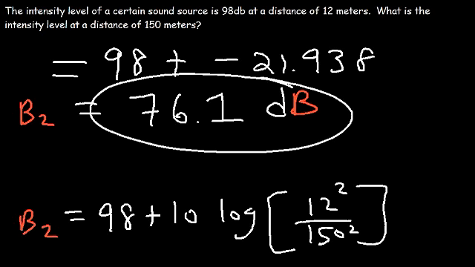So this is the sound level at the new distance. And it makes sense. If we increase the distance, then the sound level should decrease. These two are always inversely related. So now you have an equation that relates the sound level to the distance.